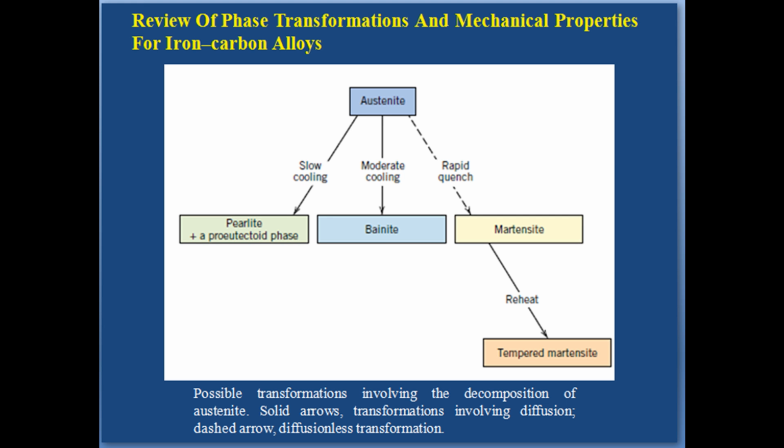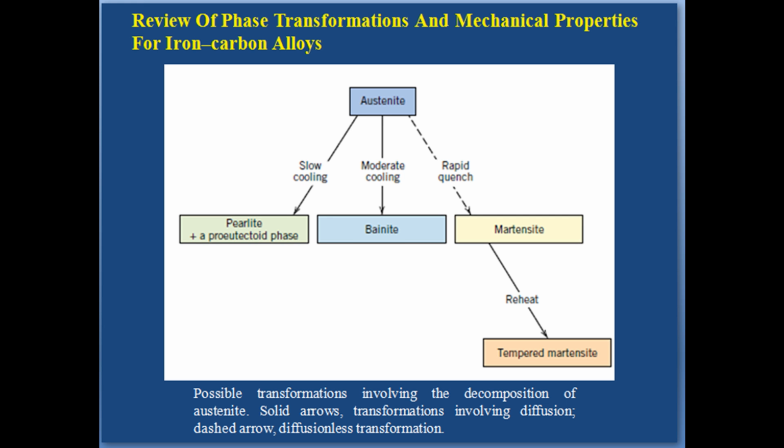After slow cooling with diffusion transformation, we will get the pearlite and proeutectoid phase. After moderate cooling, we will get bainite, the austenite to bainite transformation. And for diffusionless transformation, we will get martensite with rapid quench.